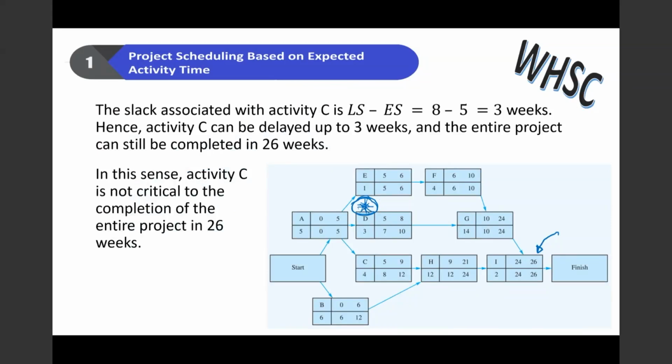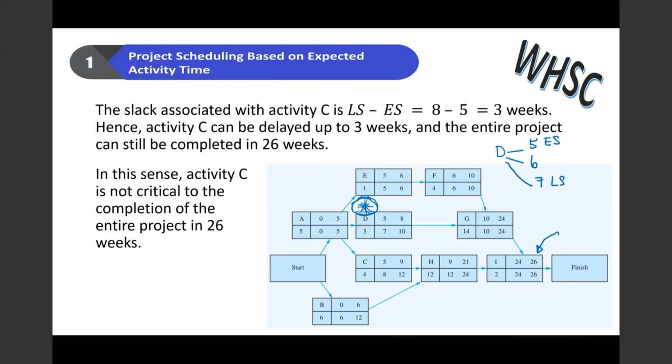That means activity D can start in week 5, week 6, or week 7. So this is the early start and this is the late start. As long as the activity starts within these 3 weeks, the project will finish on time.